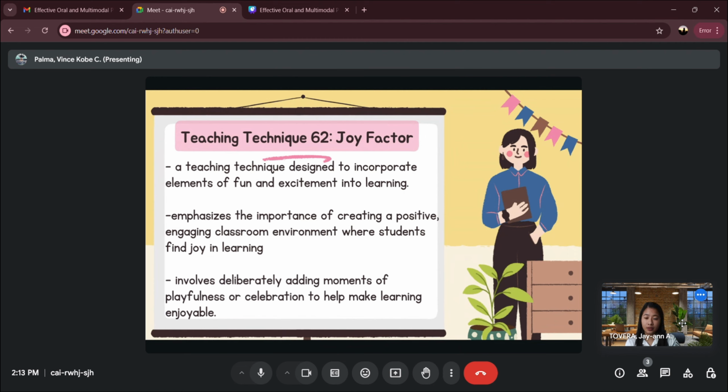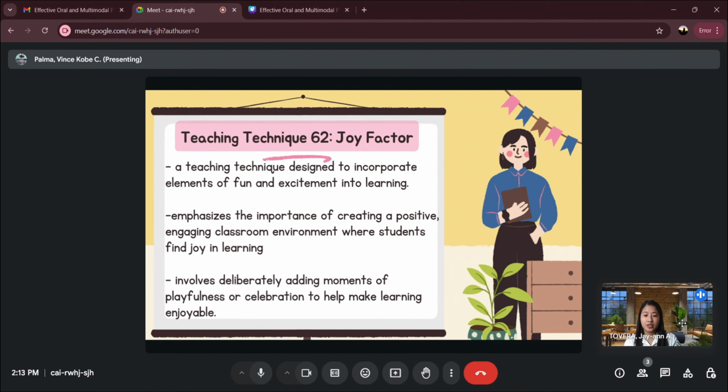This technique, the joy factor, is to emphasize the importance of creating a positive, engaging classroom environment where students find joy in learning. If you find joy in learning, you will be able to do better in your studies. This also involves deliberately adding moments of playfulness or celebration to help make learning enjoyable.